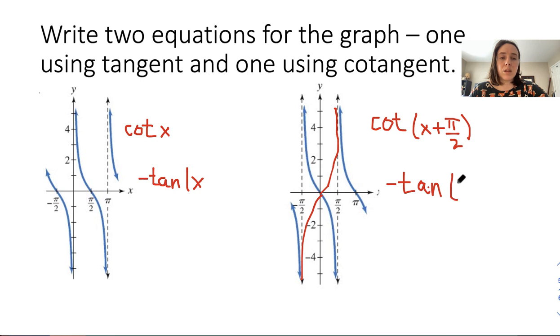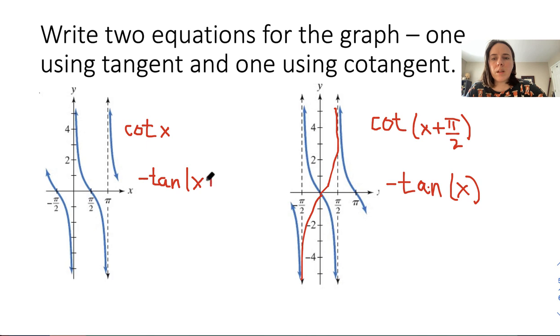This is really ugly, I'm so sorry. So this is just the tangent of x over here. I made it negative, which gives it that decreasing shape. Then I want to shift it to the right by pi over 2, or I can shift it to the left by pi over 2.